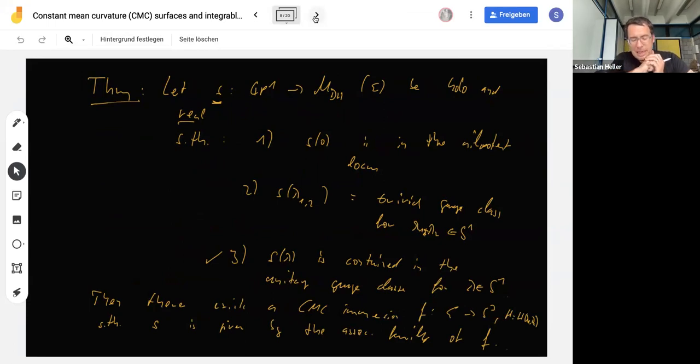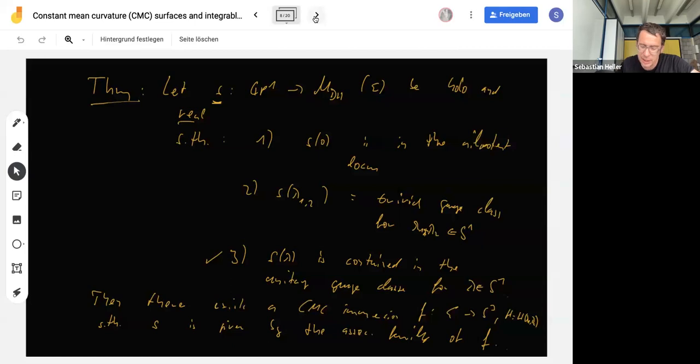So this basically reduces the construction of minimal surfaces in the 3-sphere, or CMC surfaces in the 3-sphere or in Euclidean 3-space, to a complex analytic or complex geometric problem of finding specific curves, compact projective lines inside a complex manifold satisfying certain properties, which is a theorem I like very much.